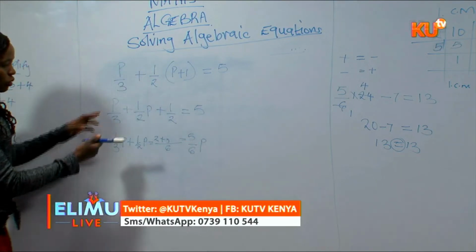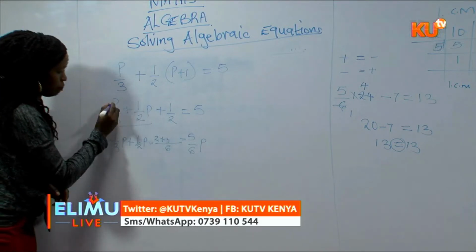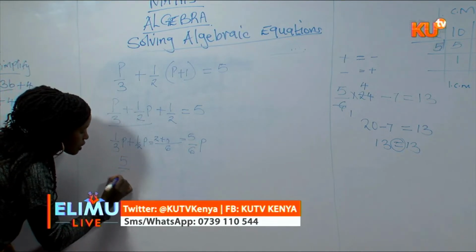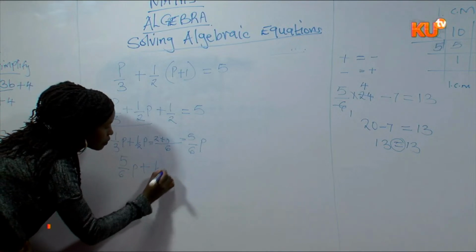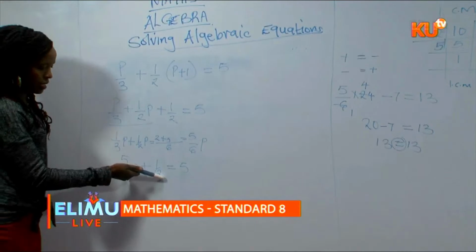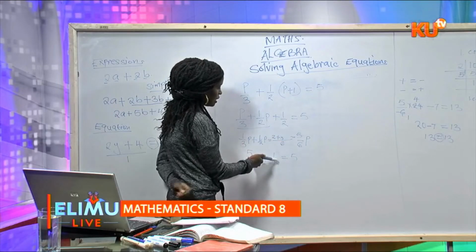So we go back to our equation. This one, 5 over 6, is going to replace P over 3 plus a half. So I'm going to write 5 over 6P plus a half is equal to 5. Then this fraction, I take it to the other side because it doesn't have an unknown.